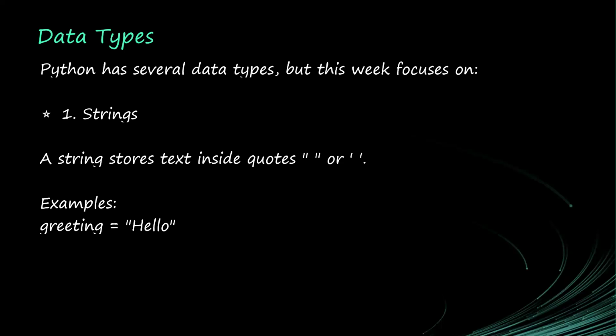So store it inside of the greeting variable. The data we are storing in the greeting variable is hello. So this hello is a string data type. It can be in double quotes, it can be in single quotes.